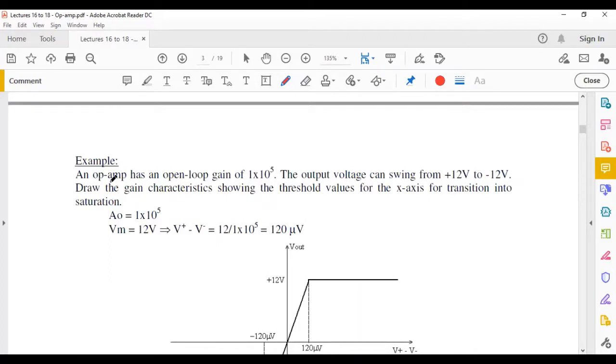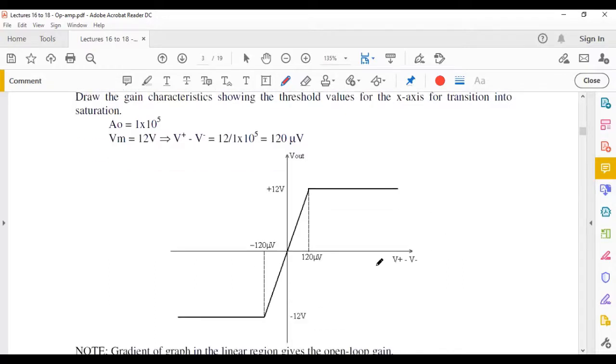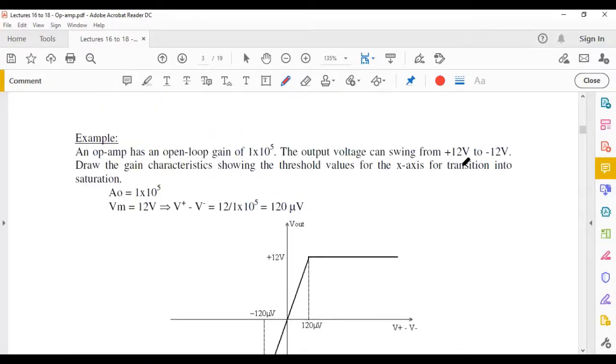For example, here an op-amp has an open loop gain of 100,000. The output voltage can swing between plus 12 volts and minus 12 volts. Draw the gain characteristic showing the threshold for this axis. So if you take this 12 volts and divide by the gain, because from our equation V naught equals A naught multiplied by delta V, where delta V is V plus minus V minus.